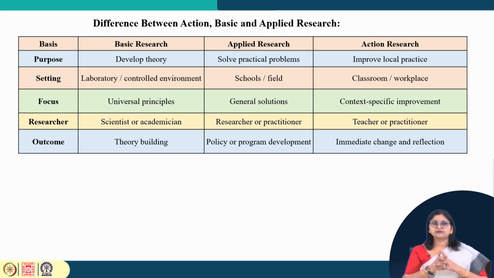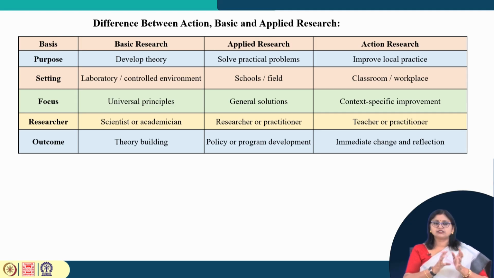On the purpose basis, basic research is to develop theory, applied research tries to solve practical problems, and action research tries to improve local practice, meaning it tries to solve the immediate problem. Then setting: a controlled or laboratory environment is required for basic research, applied research is school led or field based, and action research is for classroom or workplace settings.